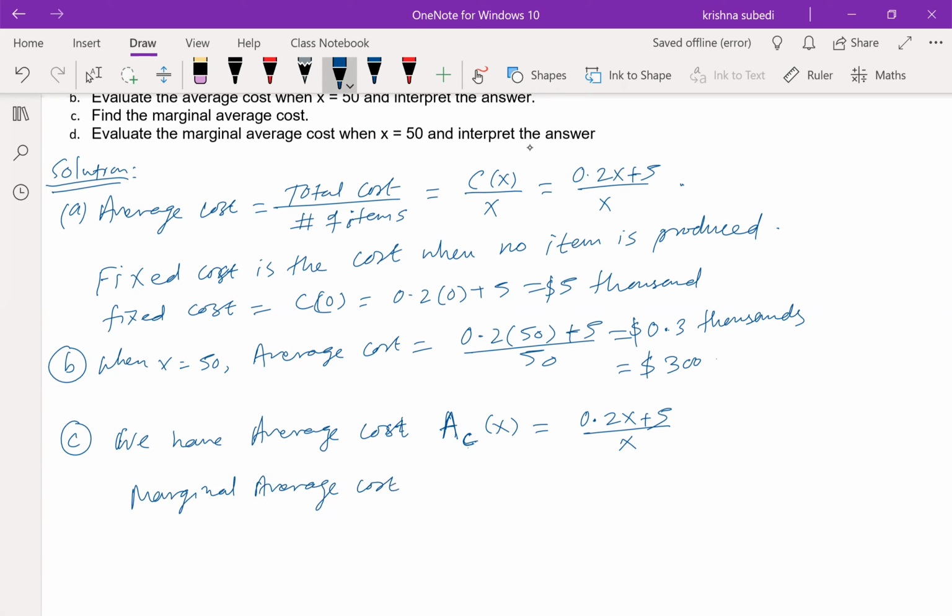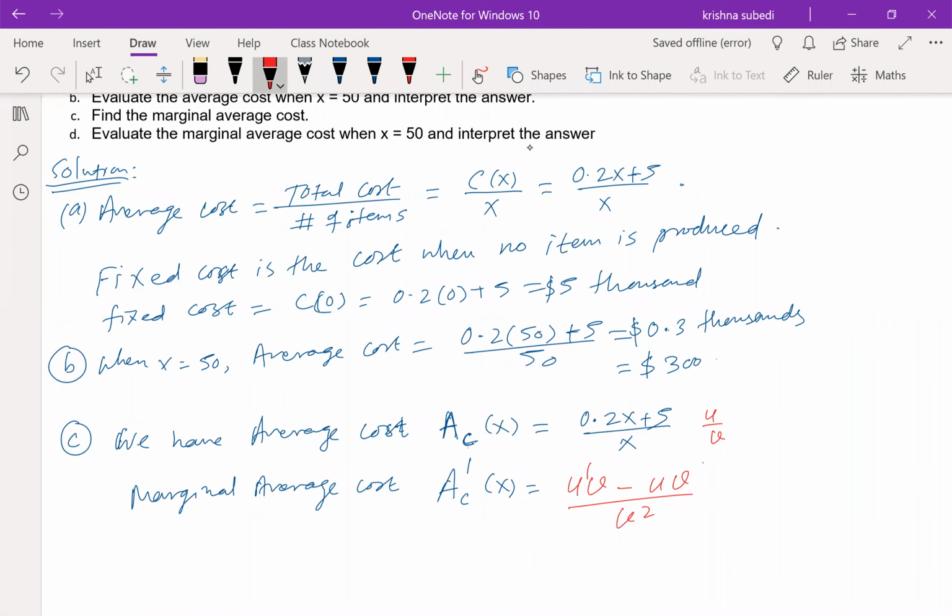We know that marginal means derivative, so we just need to find the derivative of this. You see, this one is again u over v form, so the quotient rule. We know the formula: u prime v minus u v prime over v squared.